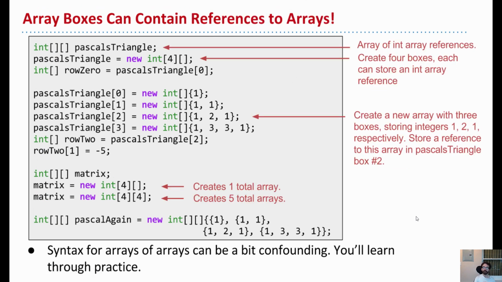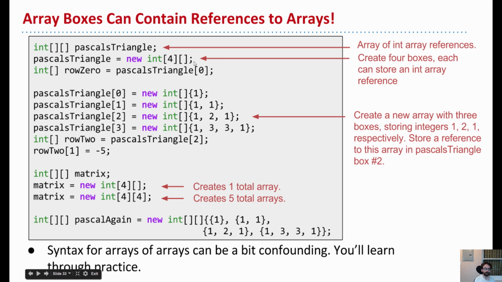And these are just repeating some points that I said during the earlier demo. This very first line creates one box of 64 bits that refers to an array of int arrays, of int array references. Confounding. This next line creates 4 additional boxes, and each of them is null.